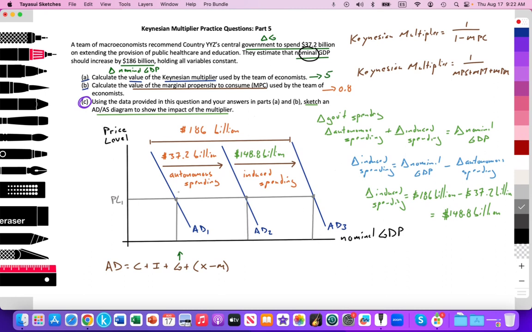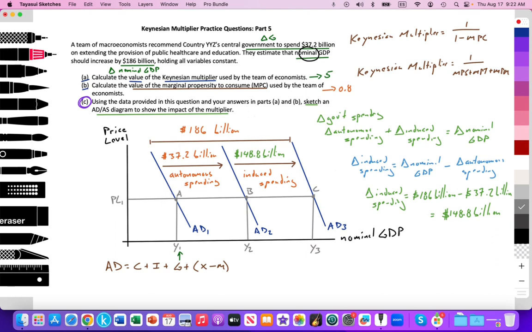So I'm going from point A to point B to point C, or from Y1 to Y2 to Y3. So a brief analysis could include: on the x-axis we're measuring nominal GDP, on the y-axis we're measuring the price level. We have a downward sloping aggregate demand curve labeled AD1 with the price level held constant PL1, nominal GDP at Y1.